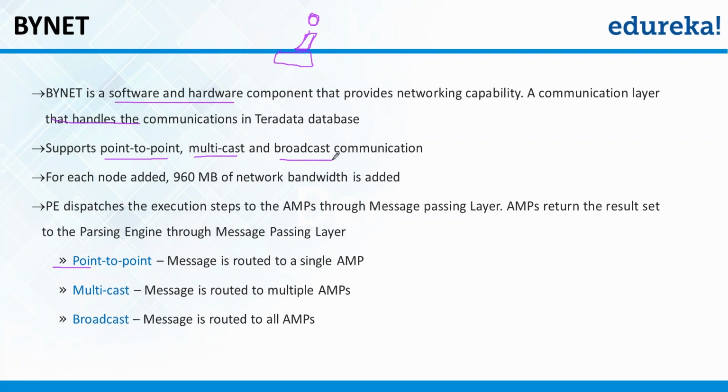Now, because it has a software component, it can support point-to-point, multicast, and broadcast communication. Based on the type of request you are sending through the BYNET, the software decides which to invoke. Think of this as a mailing system. If I know I have to send it to a particular address, I can directly send it to that address.